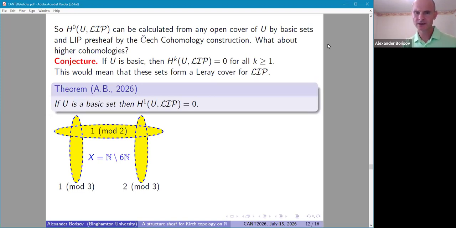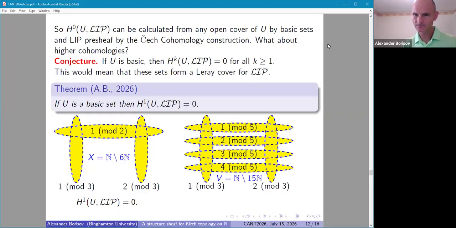As a corollary of this, I know, for example, that H1 for our friend by now is 0, because these guys have no internal cohomology, H1. And if you look at this yellow picture, it's contractible. So in general, if the nerve of this cover is a tree, that's what you get.